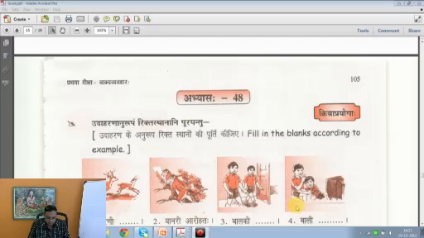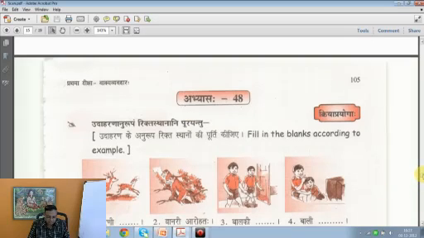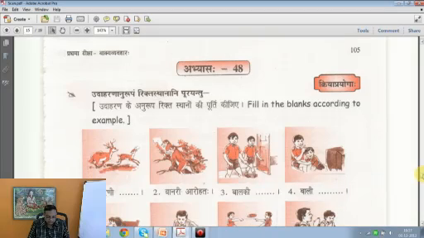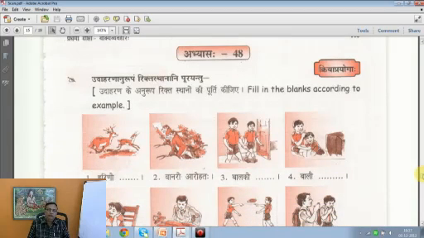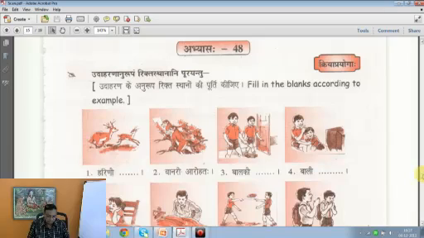picture, you are supposed to fill in the blanks, and give the appropriate verb looking at the picture. So Harinau, Kim Kurvataha. What are the deer doing there?